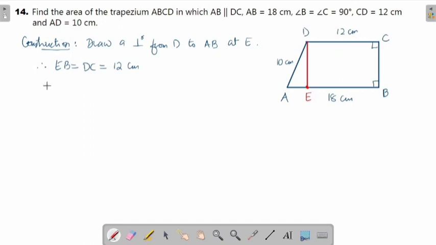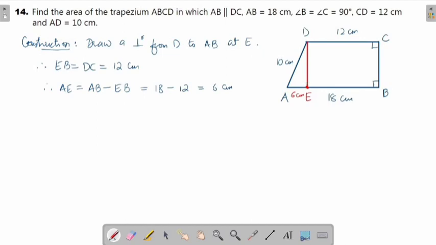So now let's find AE. From AB just remove EB. AB is 18, and EB is 12. So this turns out to be 6 centimeter. That is, the length of AE is 6 centimeter.